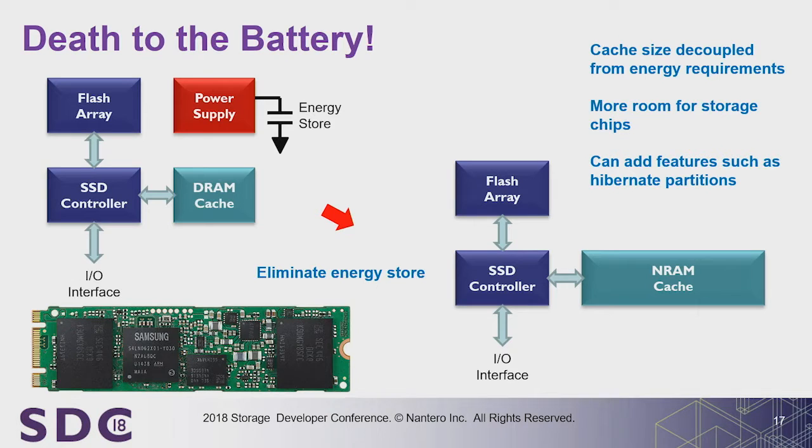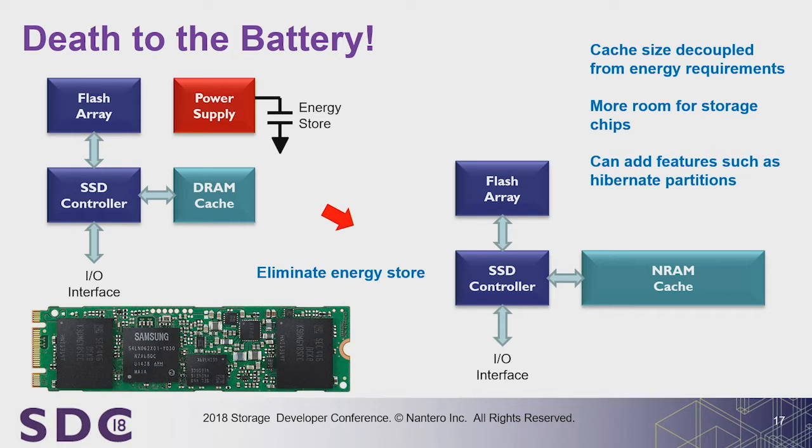Well, what if you got decoupled from that? Well, there are a lot of obvious things that come from decoupling and getting rid of that energy store. First of all, big one is you can add more flash and increase the capacity of your drive and make it more marketable. So that's pretty big. But the second thing is you've now decoupled your cache size from your storage. Right now, people generally have like a gigabyte of cache for a terabyte of mass storage.